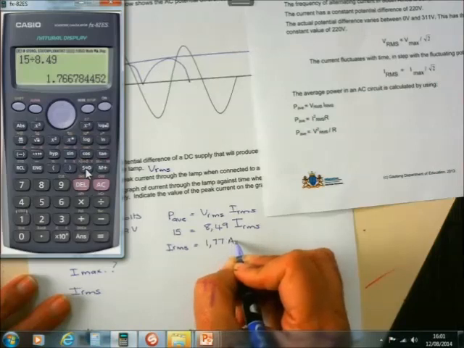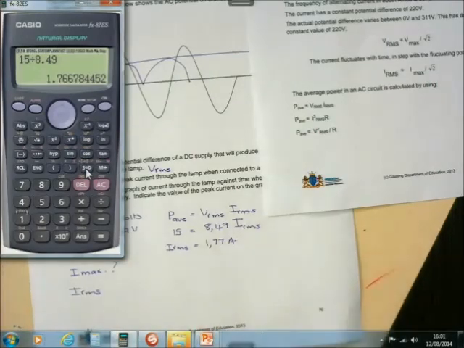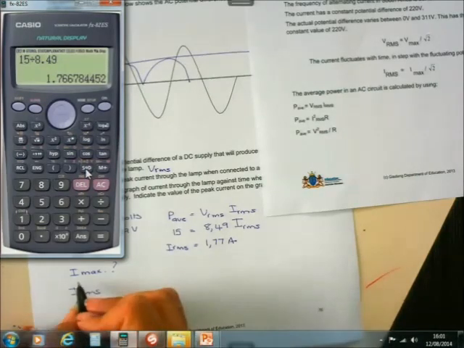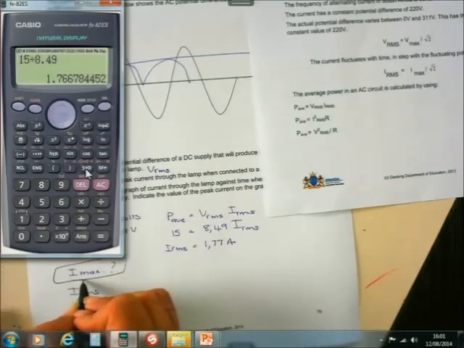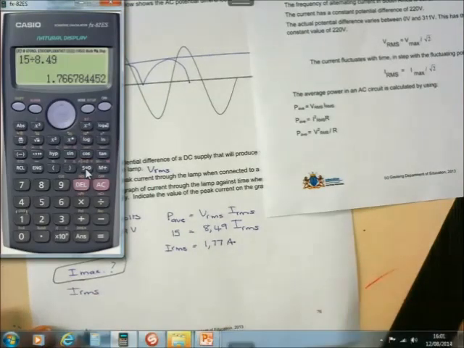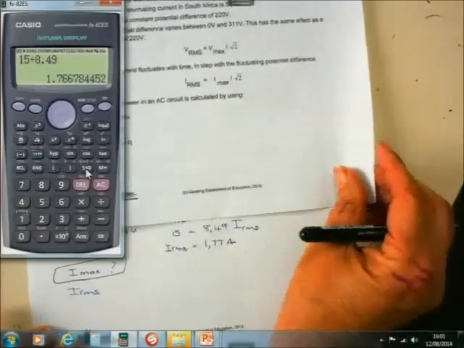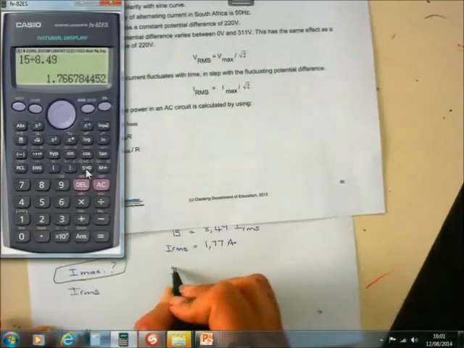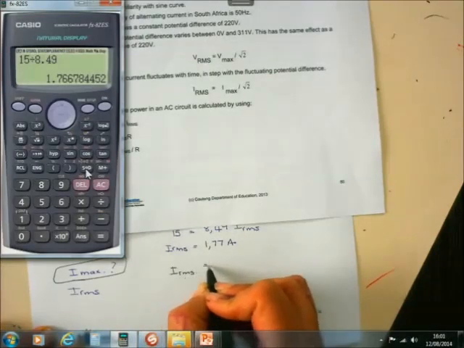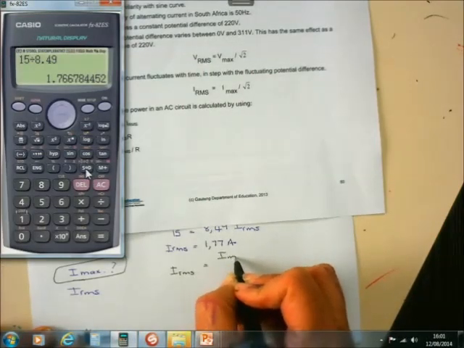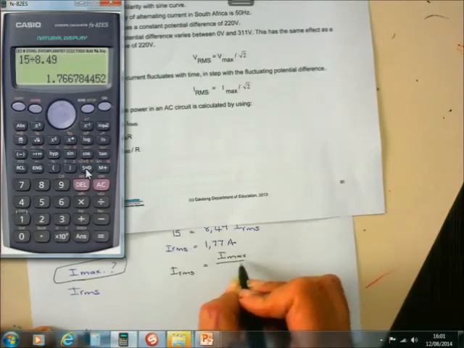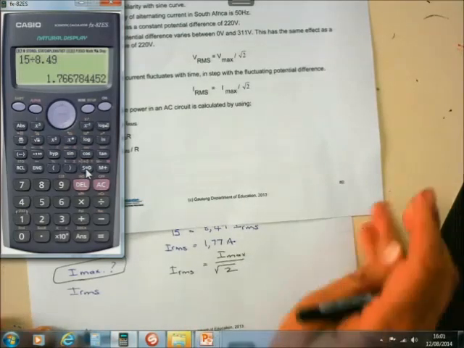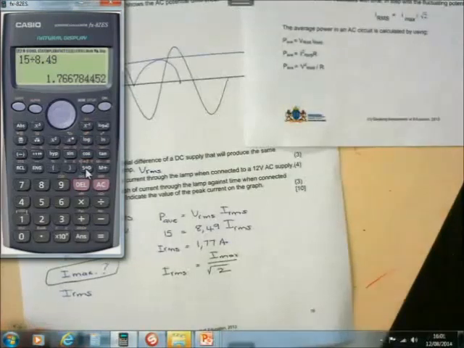So my IRMS is equal to 1,77 amperes. Can you see, Matrix, that we haven't answered the question yet? We now need to calculate Imax, because that is the question. I go back to my data sheet and I see the following formula: IRMS is equal to Imax over the square root of 2. So I write down my formula.